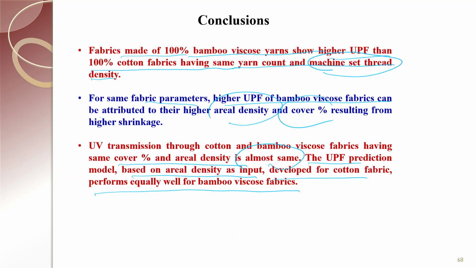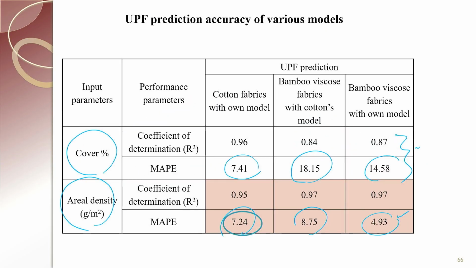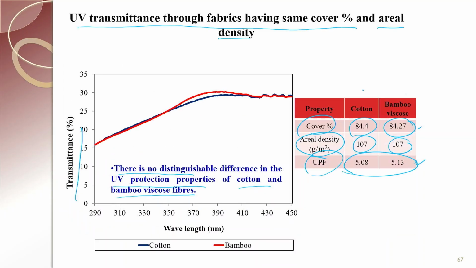So, the areal density models. We can see, if we go back to the areal density model here, for cotton and bamboo viscose, although it is a little bit higher, we can use the areal density model.